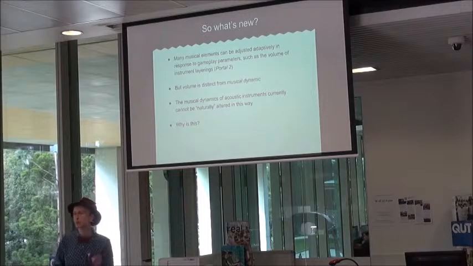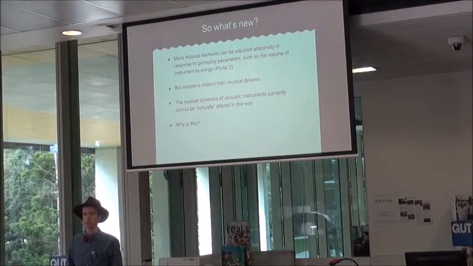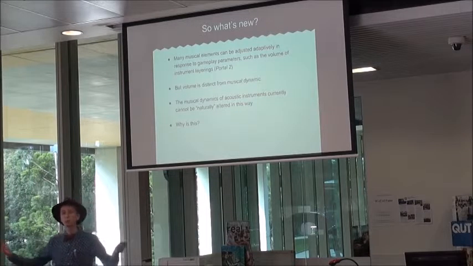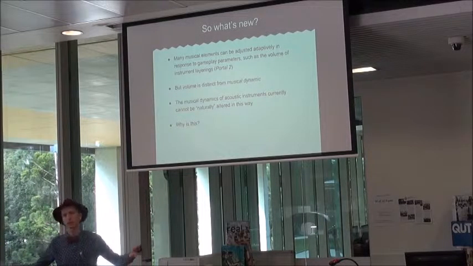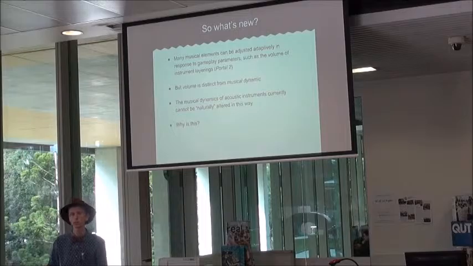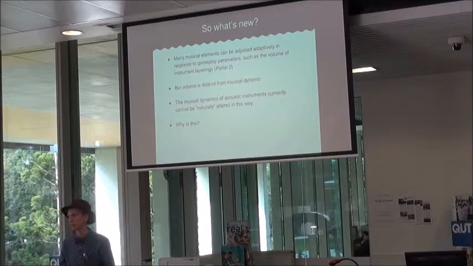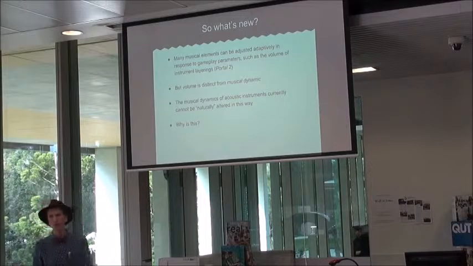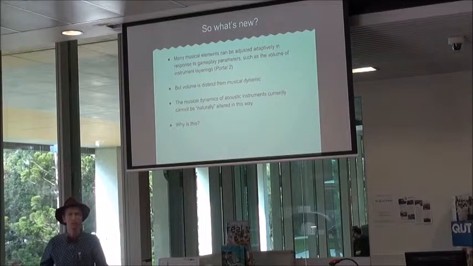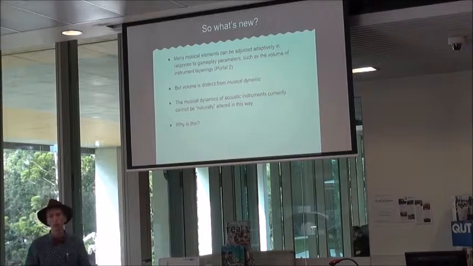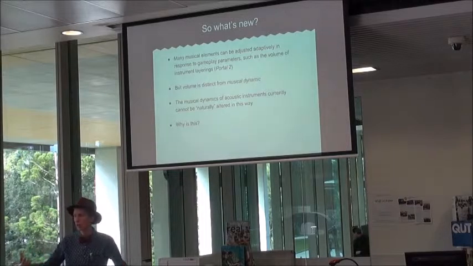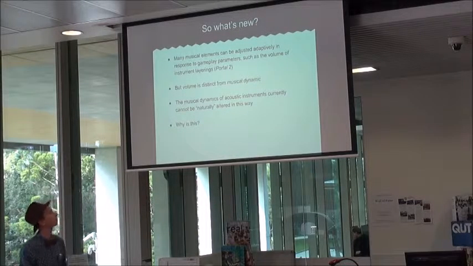But volume and dynamic are very different. If I'm speaking softly, then the timbre of my voice is very different to if I'm shouting or speaking loudly. In music, that's hugely noticeable, especially with acoustic instruments. So I really want to look at how we can make the dynamics of a violin, something so expressive, change adaptively in response to the gameplay.